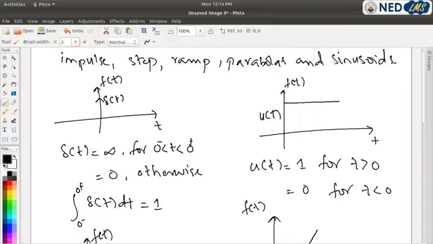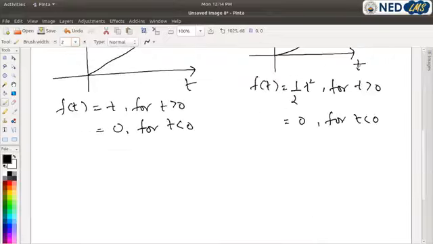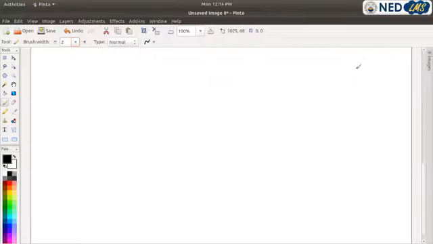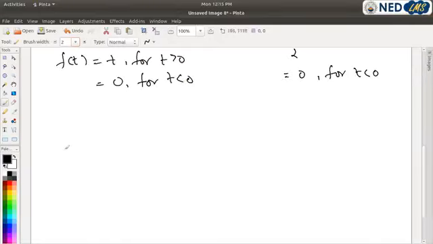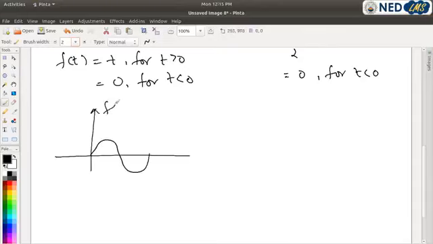Now, the final test inputs are the sinusoids. The waveform is like this. Mathematically, f of t is equal to sine omega t.